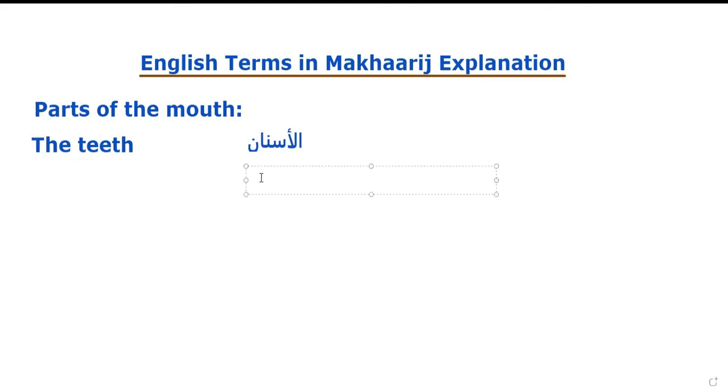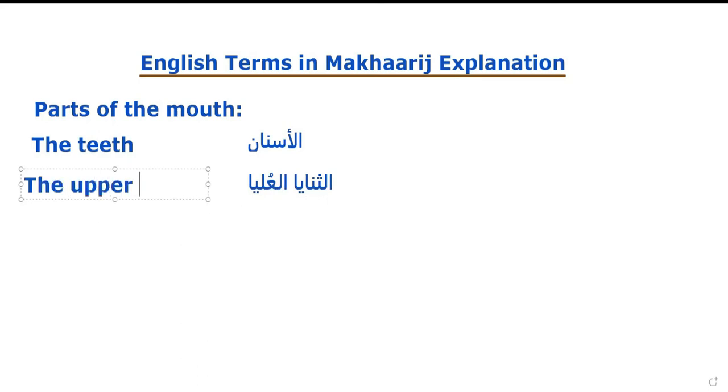الثنايا العليا, which are the upper incisors. Now, some people pronounce it differently. So the two teeth, or actually 4 teeth that are in the front are called incisors.